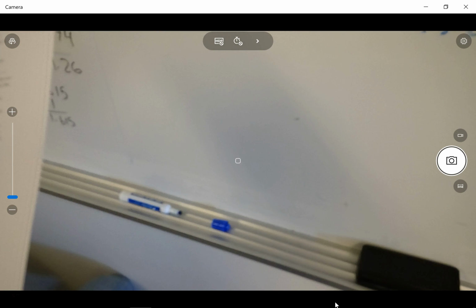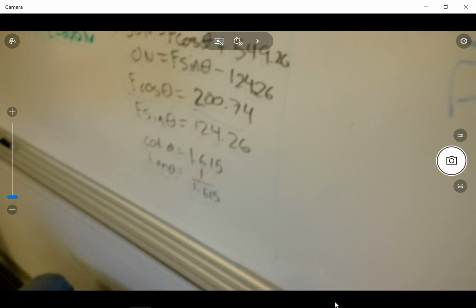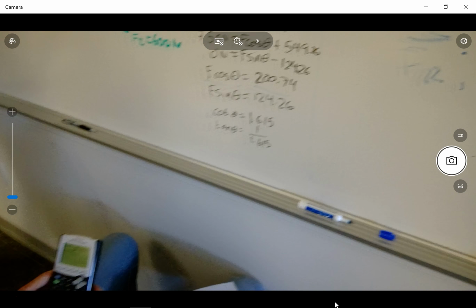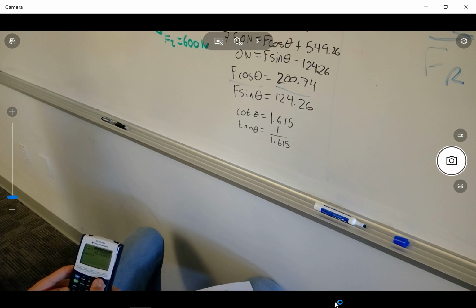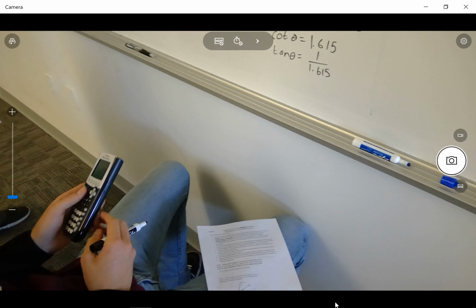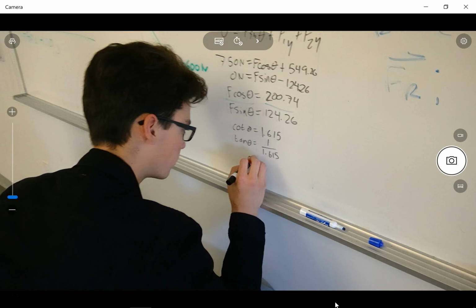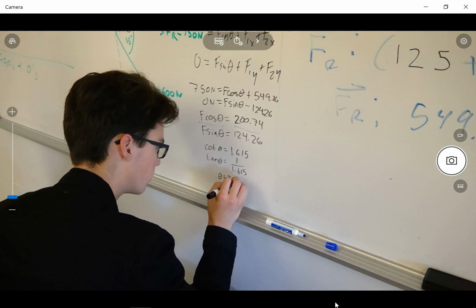And you got what? 58.2. But you did the arctangent of 1.6. It's 1 over 1.6, because cosine over sine is cotangent. What did you do to the 200.74 and the 124?